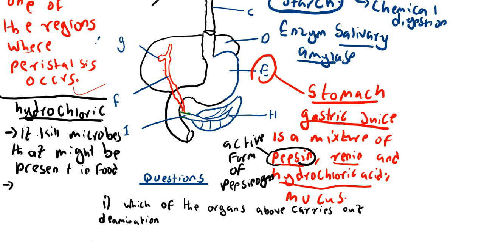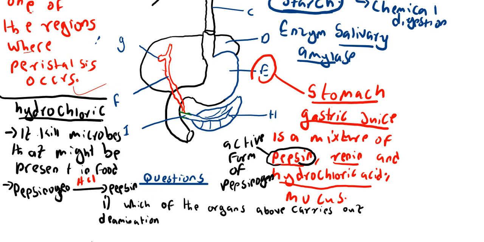It is because of the presence of hydrochloric acid that pepsinogen is converted to pepsin. So hydrochloric acid is important in the activation of pepsinogen to pepsin. That's one of the functions.